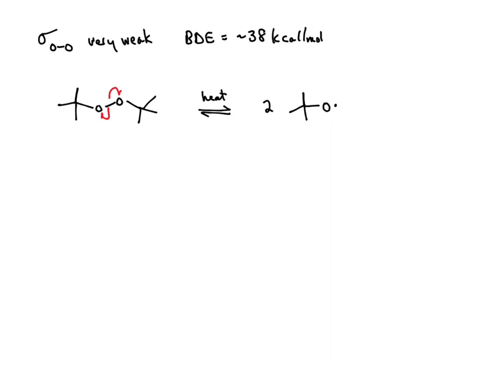Okay. Now, what if we were to have a system that looks a little bit more like MCPBA, in which we're taking one of those alkoxy groups and we're placing an acyl group, C double bond O, on it. All right. If we heat that up this time, we can still get a homolytic bond cleavage, but this time we get one alkoxy radical plus a resonance stabilized radical.